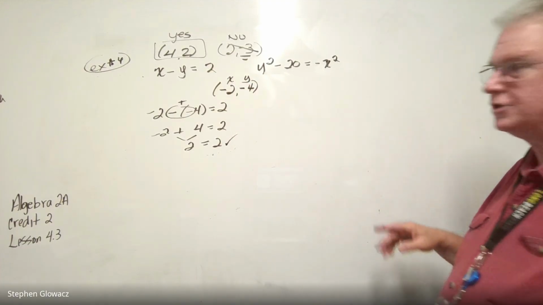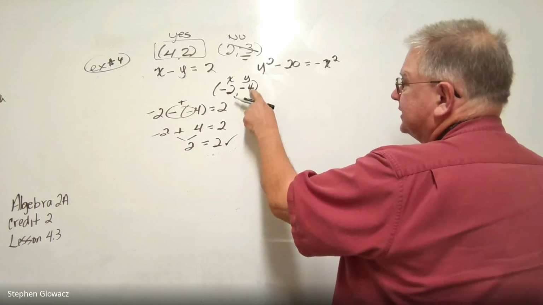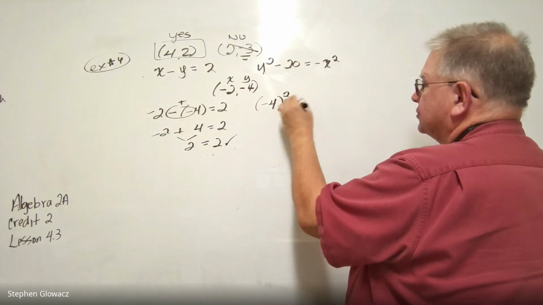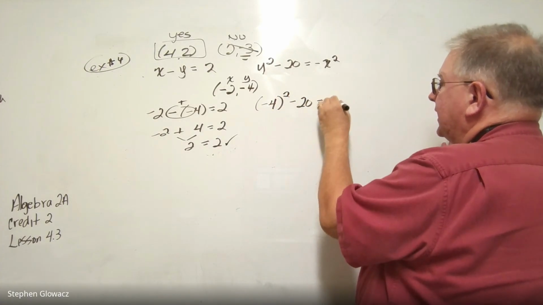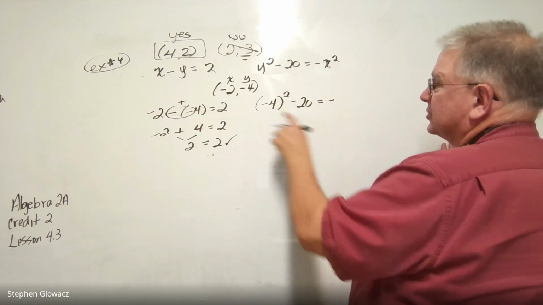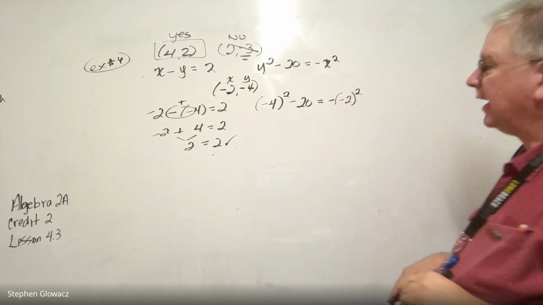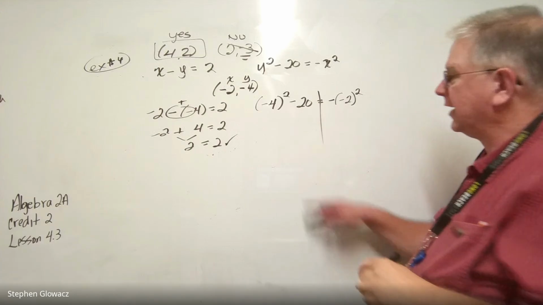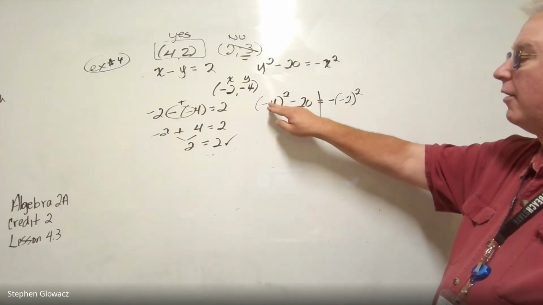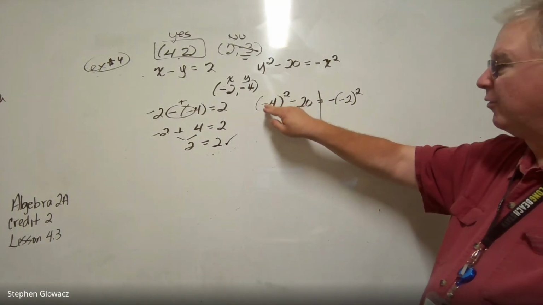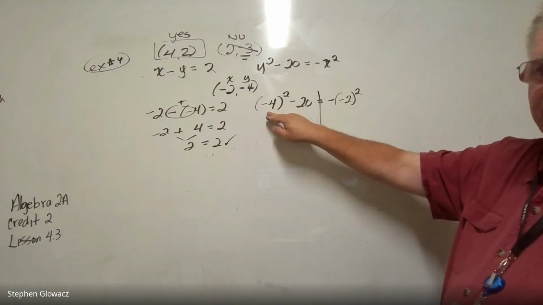But is it a solution to the second equation? Well, let's see. We substitute negative 4 in for y, so we have negative 4 squared minus 20 equals negative x squared, and x is negative 2. All right, so let's go ahead and work out the left side here. In this case, the negative is being squared because the value of y was negative 4.